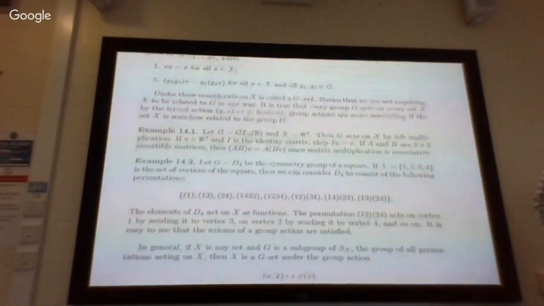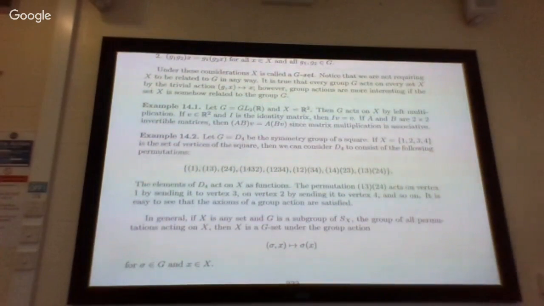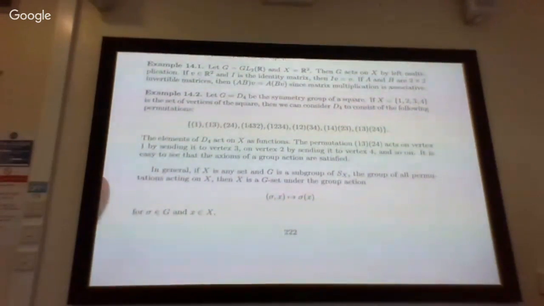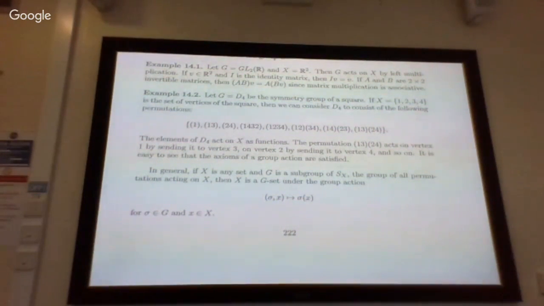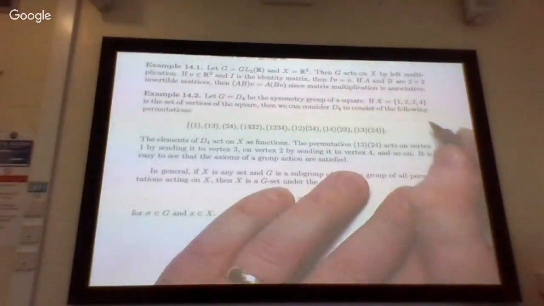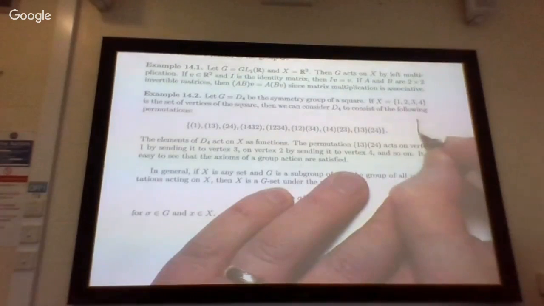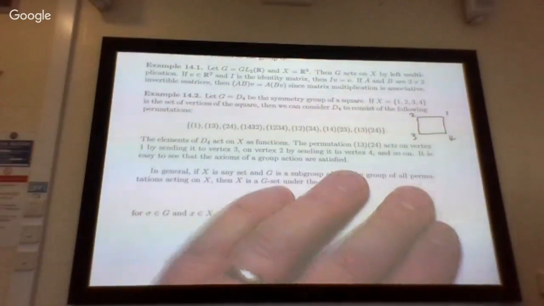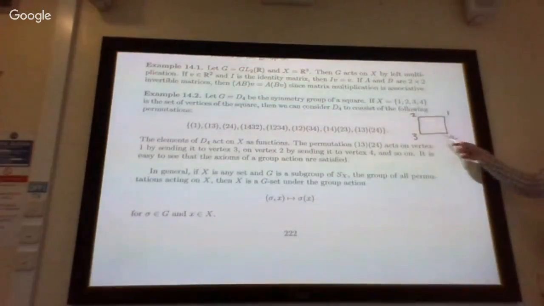Second example, 14.2. This is based on a square. So the set X here is some way of labeling the vertices of a square. Okay, so you have a square. We can associate labels to the vertices: corner 1, corner 2, corner 3, and corner 4.